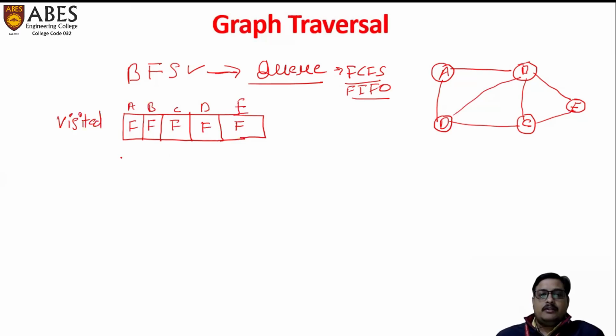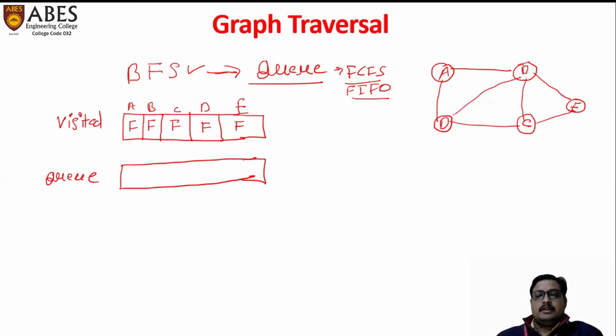Okay. And we'll have one queue. This is the queue. Initially this queue is empty. In the starting, suppose we are going to start from this vertex A. So we'll just put this vertex A in the queue and mark this vertex A as visited.